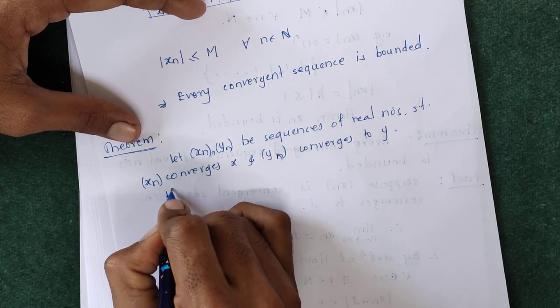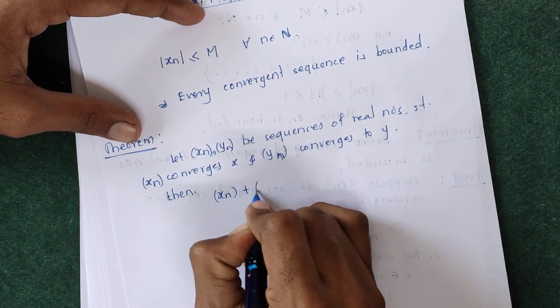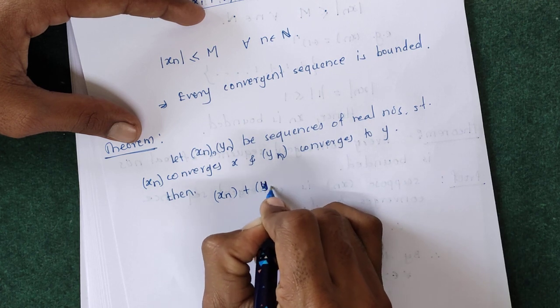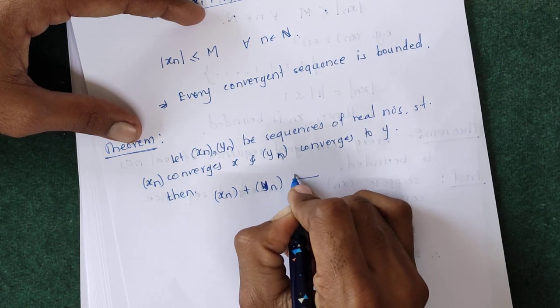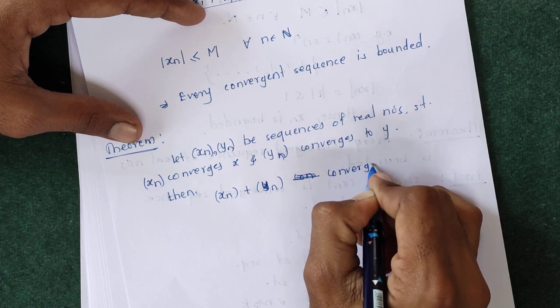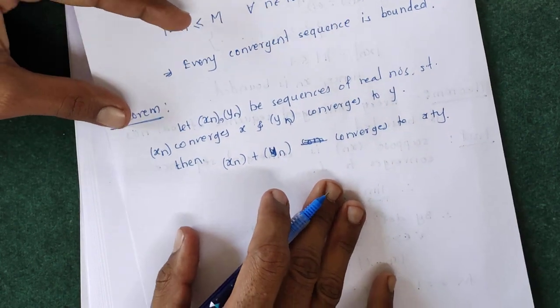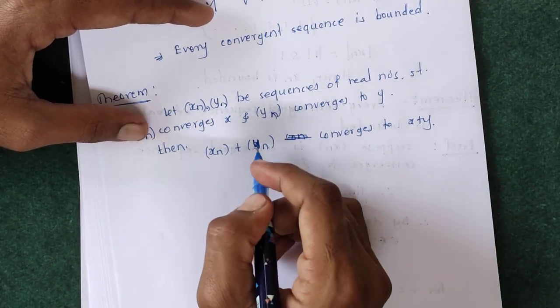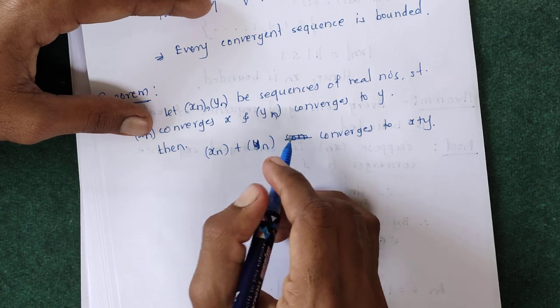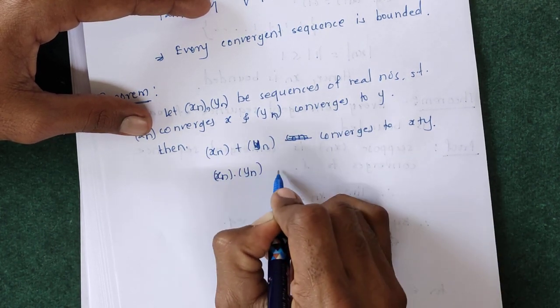Then the addition of the sequences, xn plus yn, converges to x plus y. Again the product, xn into yn, converges to x into y.